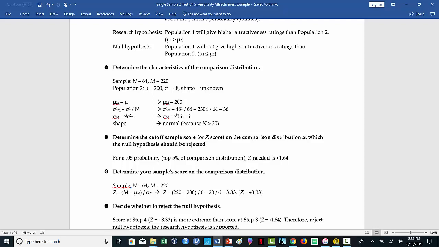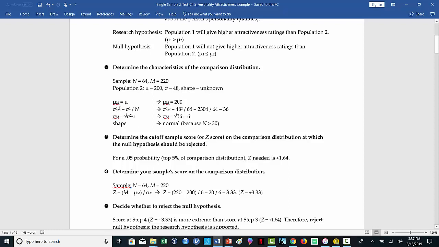Are they talking about the population variance and the population standard deviation, or maybe the sample variance and sample standard deviation, or are they talking about what you really want to know in this case, which is the variance and standard deviation of the distribution of means?